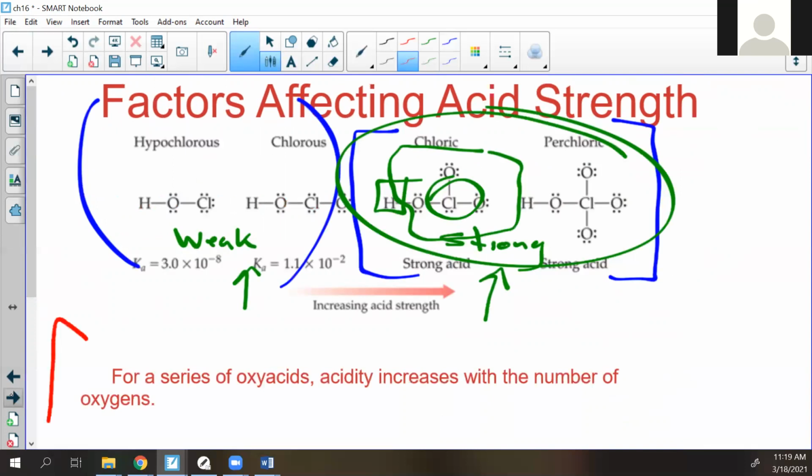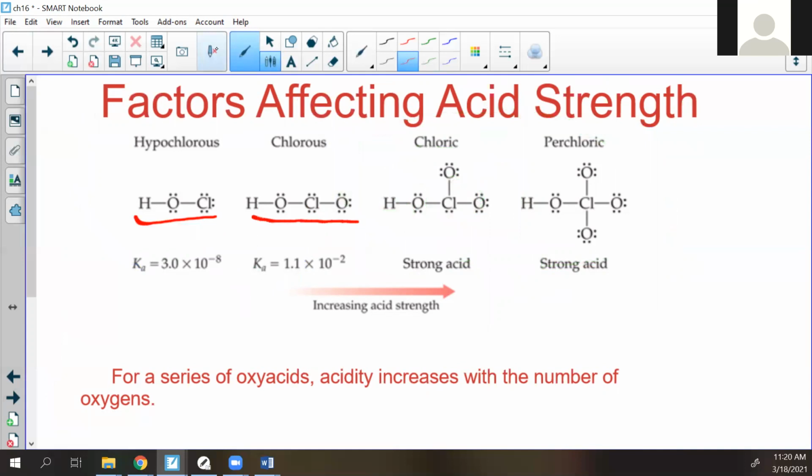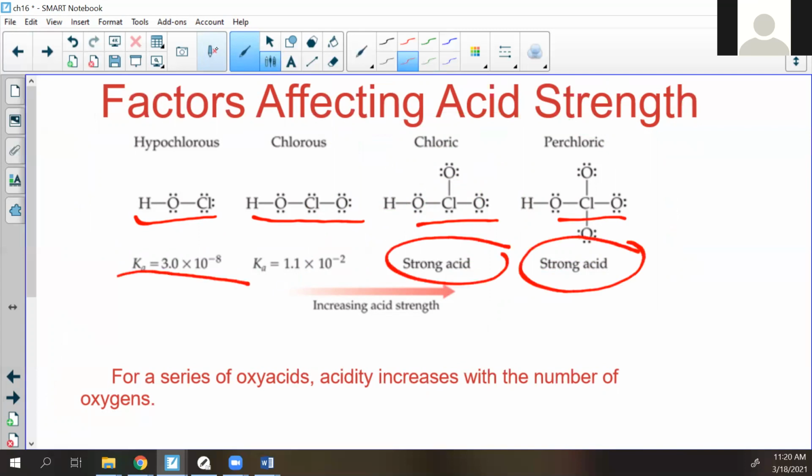That's pretty easy just to summarize here. For a series of oxy acids, acidity increases with the number of oxygens. So the example here is we have HClO, HClO2, HClO3, HClO4. HClO4 is the strongest, and then we go down to weak.